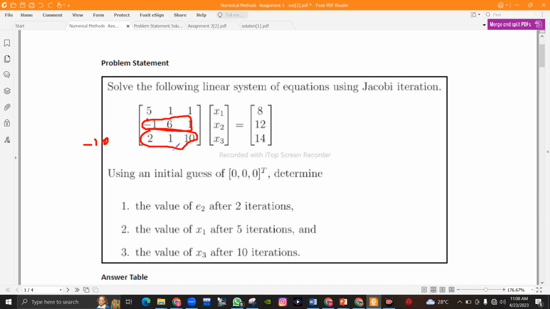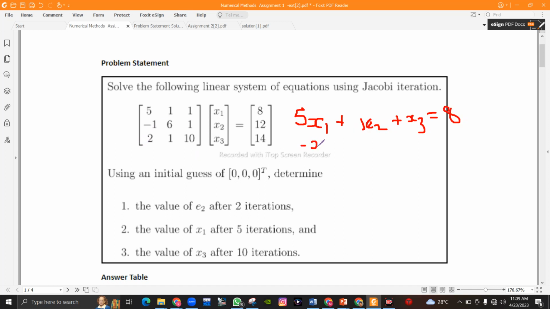Now, when you see that it is diagonally dominant as this one is, write your equation. What's your equation? That's your 5x1 plus x2 plus x3 to be equals to 8. You write this equation two: minus x1 plus 6x2 plus x3 is equals to 12.